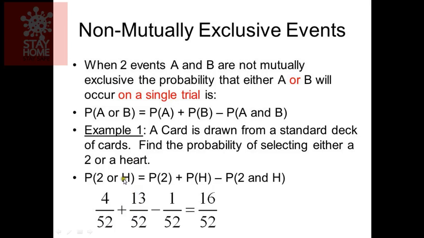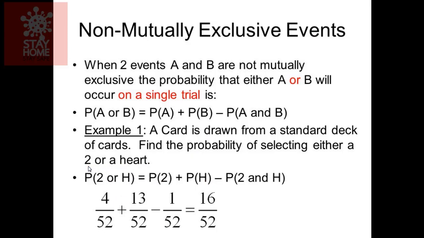But there is a possibility that the card can be a 2 and a heart as well. So if you count 4 here and 13 here, the same card that is a heart as well as a 2 will create an error for you. So that's why we need to subtract that probability, which is one possibility: the 2 of hearts.